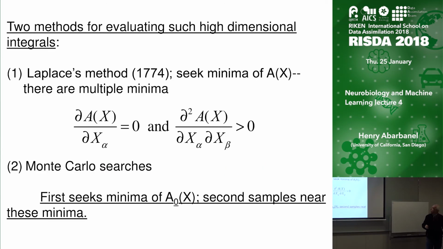The person who introduced it into the discussion of doing these integrals is Laplace in 1774. And what Laplace said is, look for the minima of that quantity A. Those are equivalent to the maxima of the probability distribution. Look in the neighborhood of that and approximate the integral by summing up the contributions of all of the maxima of the probability or all of the minima of the action.